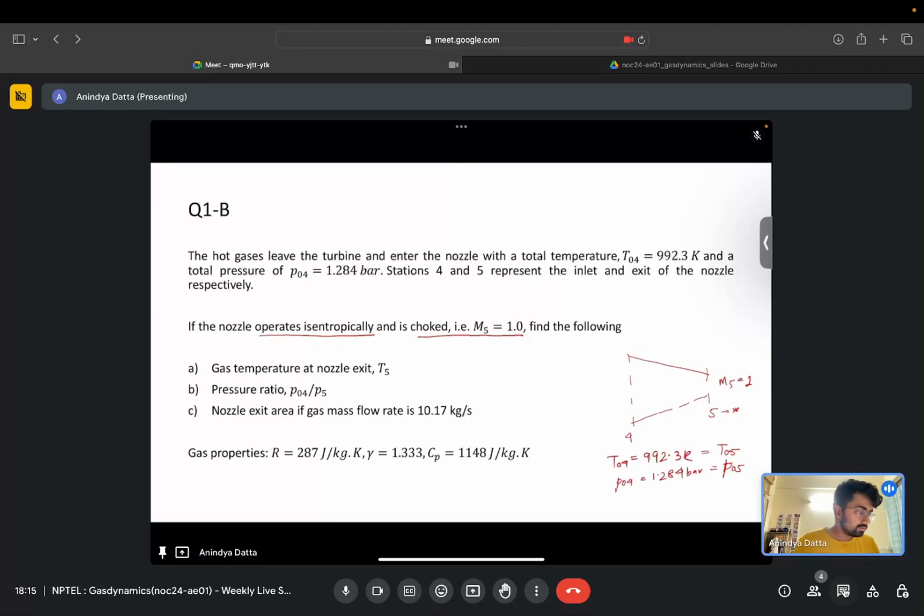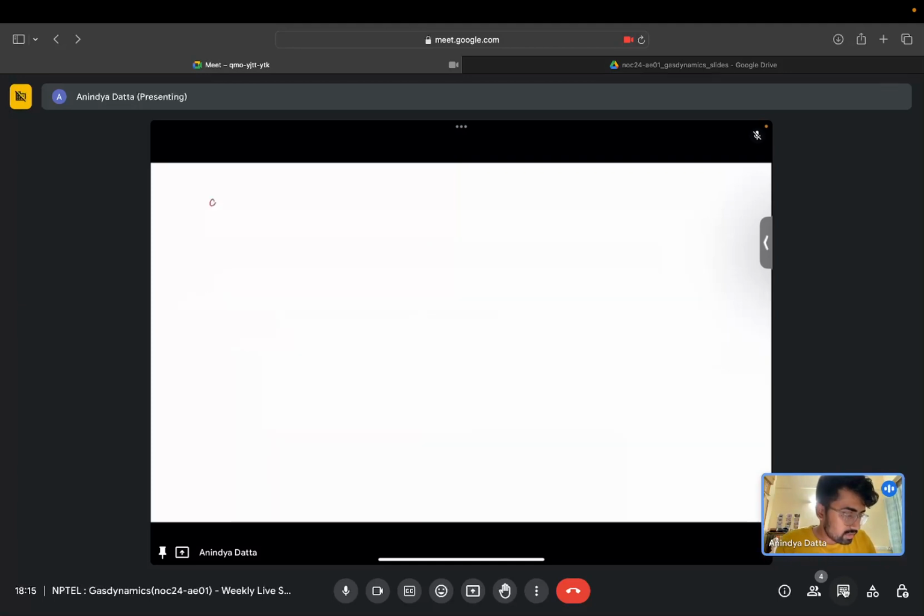First we need to find the gas temperature at the nozzle exit, T5. This ratio T5 by T05 is basically the star condition at state 5.